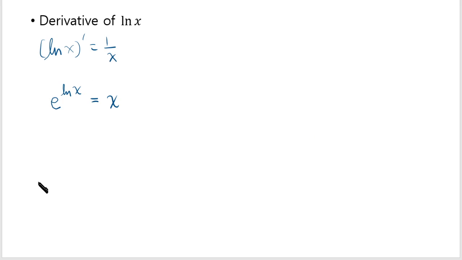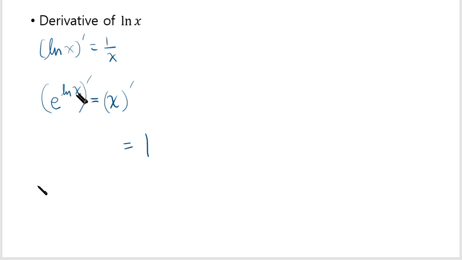Okay, back to this. If you're convinced that this is true for, say, x equals 2, 3, any value, then now you're allowed to differentiate. The right side is very easy to differentiate. It's just 1. And this left side, you can differentiate by the chain rule, right?